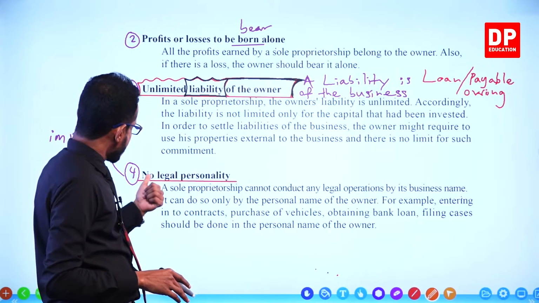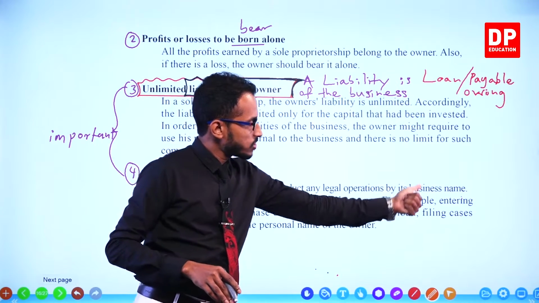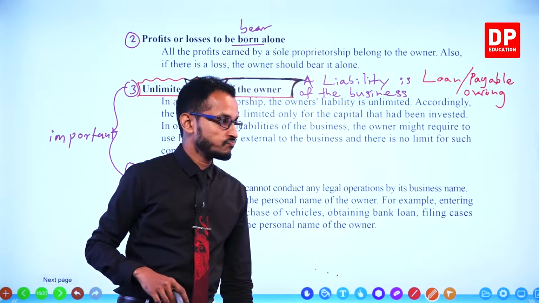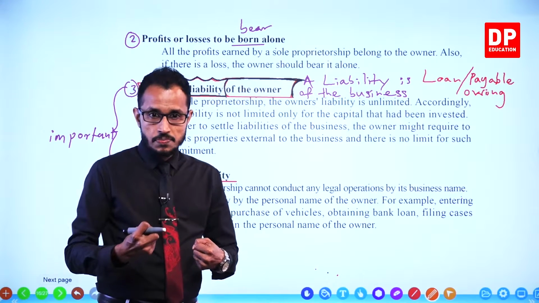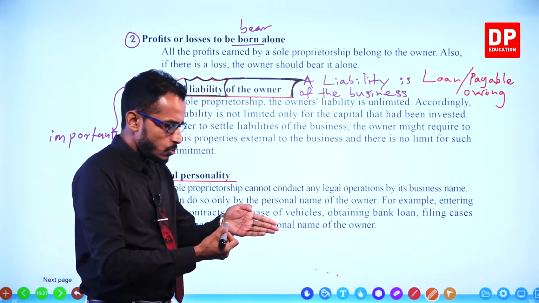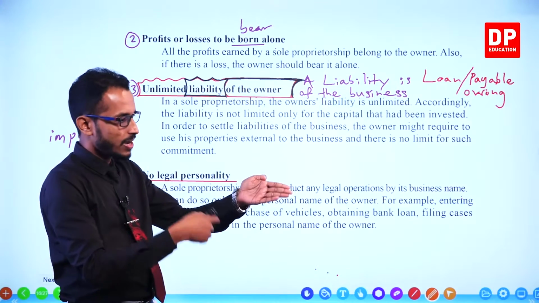Right? A sole proprietorship cannot conduct any legal operations by its business name. There are businesses which can enter into legal agreements by the business name.